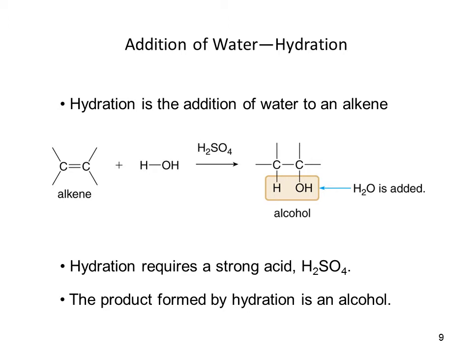Another molecule that will add across double bonds is water. If you look at this reaction, we call it hydration because water adds across the double bond, and I've written the water stretched out so you can see what bond will break, and you can see the carbon-carbon double bond changes to a single bond, and then you have a hydrogen on one carbon, and a hydroxy group or an alcohol group on the other.